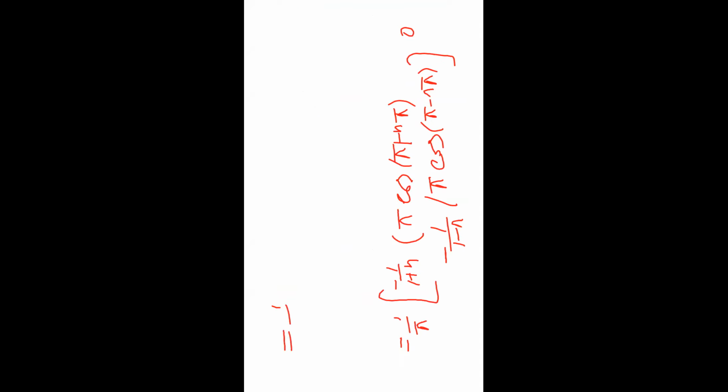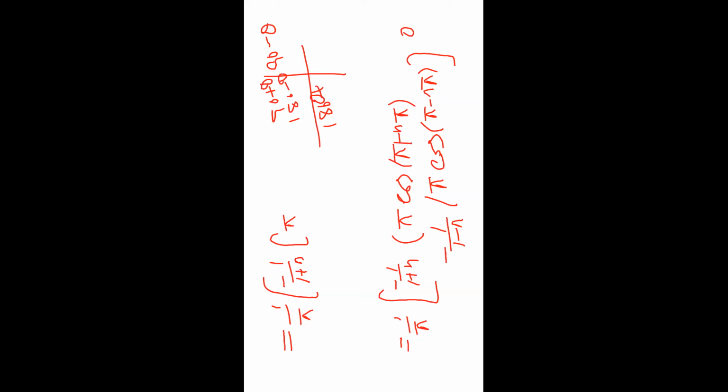So 1 by pi into minus of 1 by 1 plus n, pi into cos of 180 plus theta. In the coordinates here: 90 minus theta, 90 plus theta, 180 minus theta, 180 plus theta. 180 plus theta is the third coordinate.